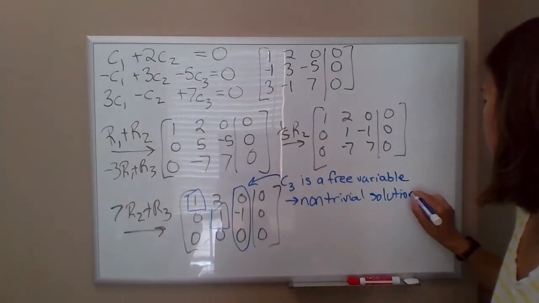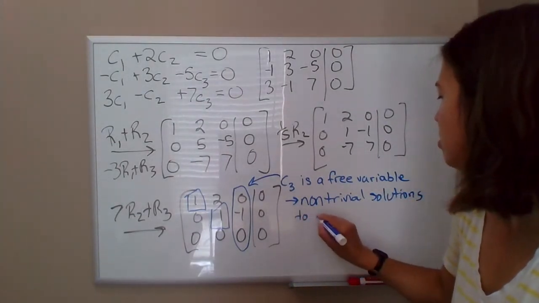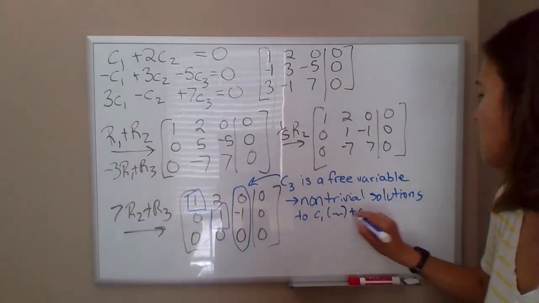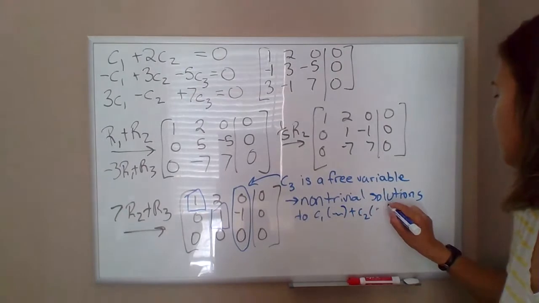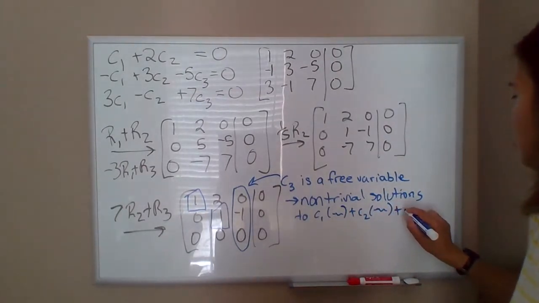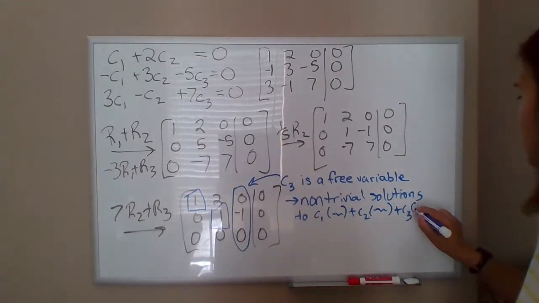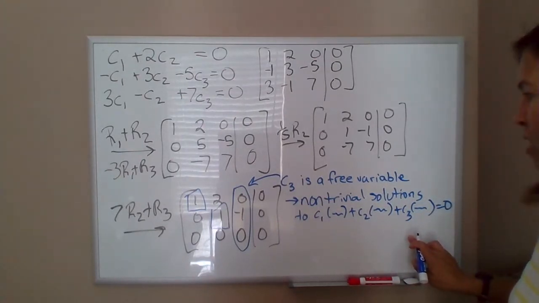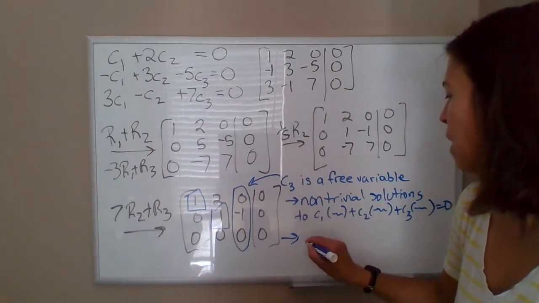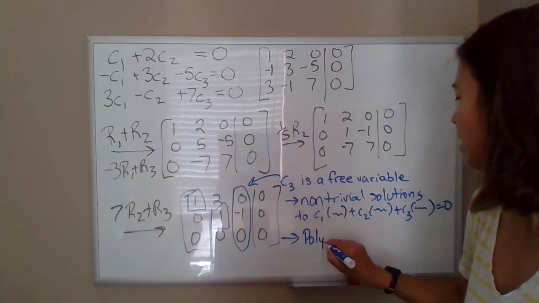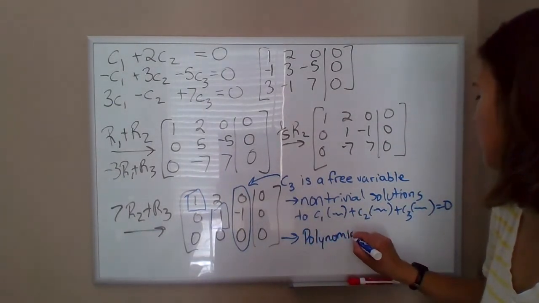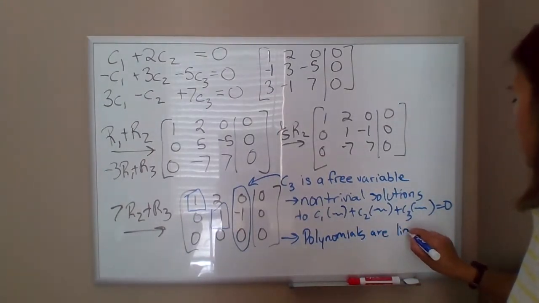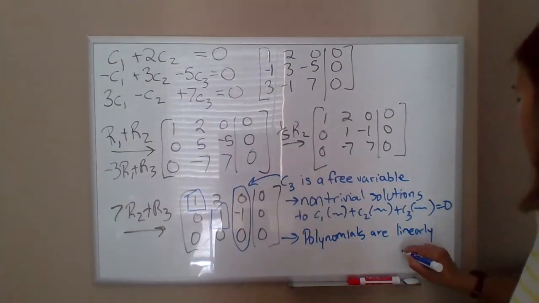And let me be clear. So non-trivial solutions to this equation: C1 times the first polynomial plus C2 times the second polynomial, I'm just going to draw squiggles for the polynomials, back when we wrote that equation, plus C3 times the third polynomial equals 0. We're guaranteed non-trivial solutions to that equation, which means that those given polynomials are linearly dependent.